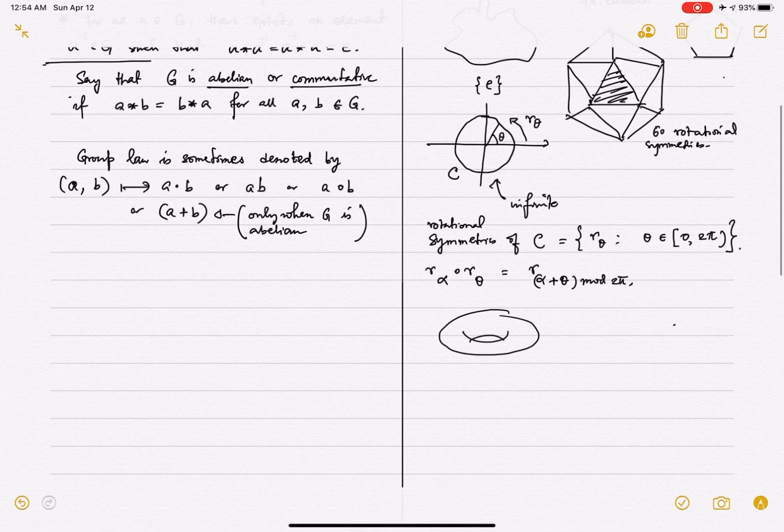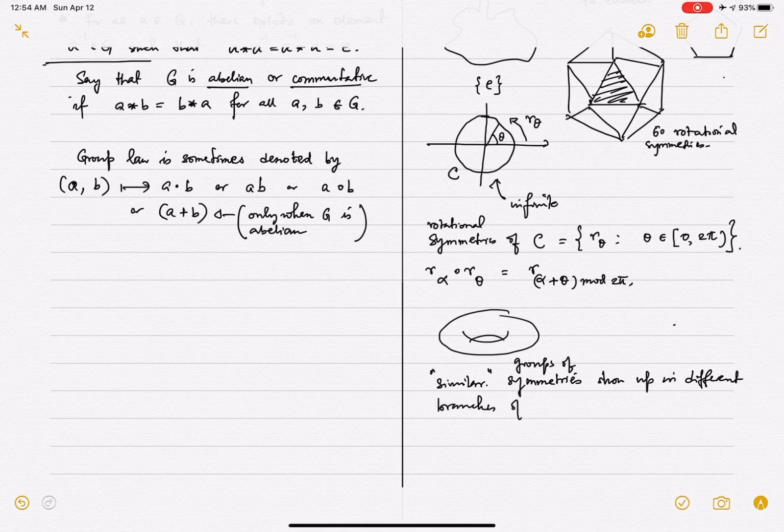Similar, within quotes. If you know what this word means, isomorphic groups show up in different branches, like in geometry and number theory, let's say, mathematics.